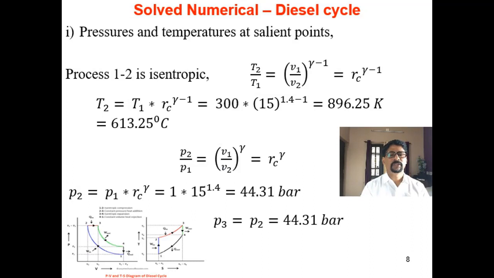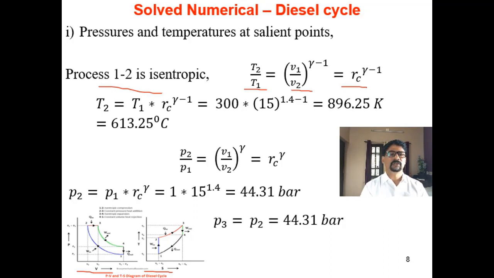Once you find all those parameters, now let us calculate pressures and temperatures at salient points. As usual, you can refer to the PV and TS diagram. Whatever formula I write will be with reference to the PV and TS diagram. Process 1 to 2 is isentropic. So as you know, T2 by T1 is equal to V1 by V2 to the power gamma minus 1, or Rc to the power gamma minus 1.